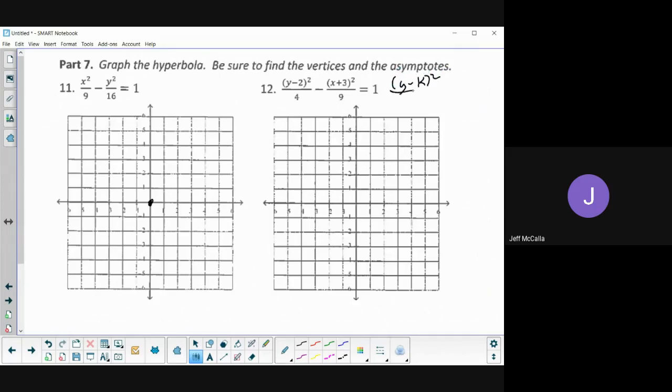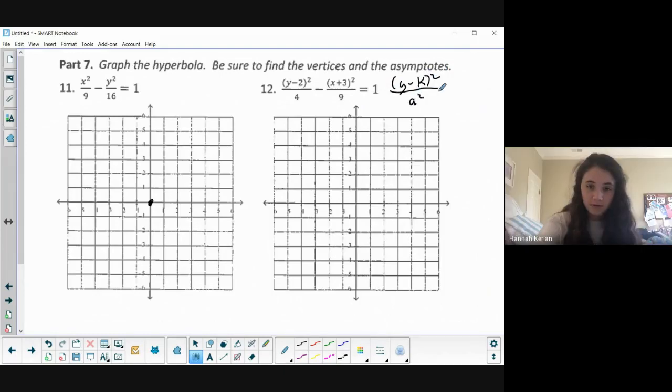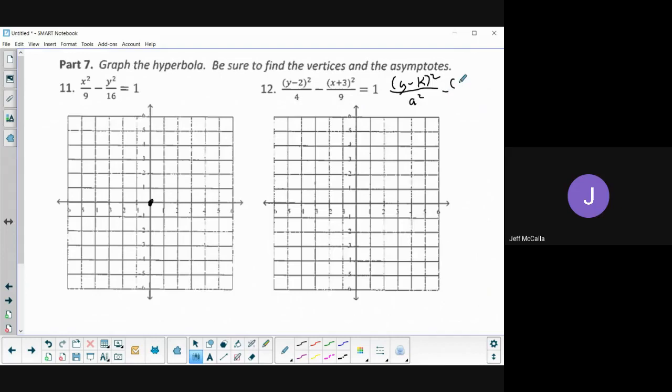What type of hyperbola is this? Vertical. Yeah. And x minus h squared over b squared. You knew it was vertical because the y term came first. If you look at your two formulas, the horizontal one was x squared minus y squared.